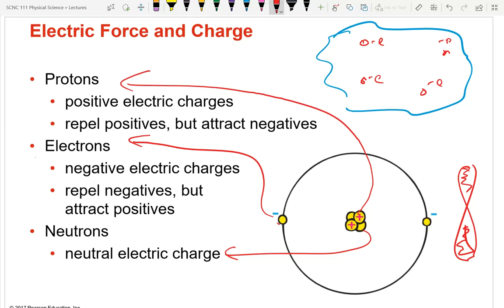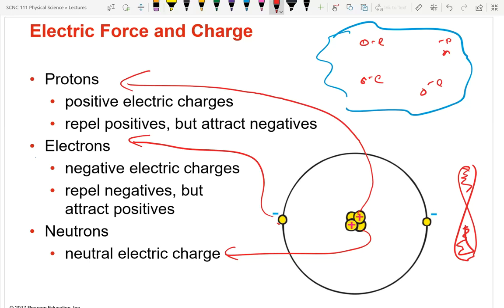It's a weird idea to us because with mass, we don't have a 0, except for light. Everything we know of has mass. It all has a positive mass. With charge, we have some things with a positive charge, some with a negative charge, and some with a 0 charge. 0 charge will have no electromagnetic interaction. It simply won't be affected.